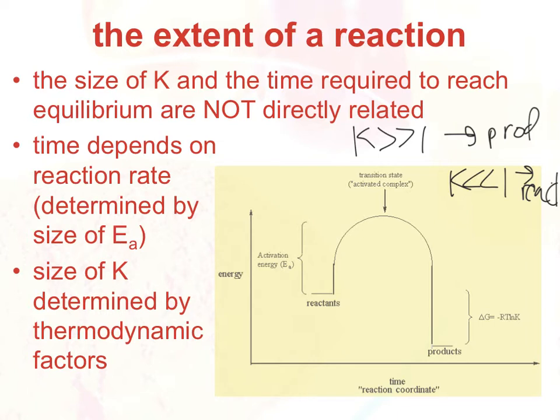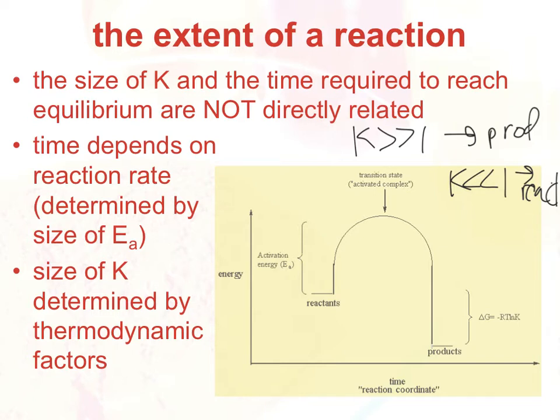Now, the size of K, we've talked about the fact that it doesn't have any units. The size of K is actually determined by those thermodynamic factors that we're going to discuss a little bit later. So for the extent of the reaction, the greater K is, the more products we're likely to get. The smaller K is, the more likely we're going to have more reactants in that mixture.